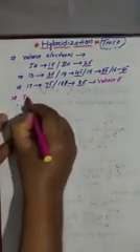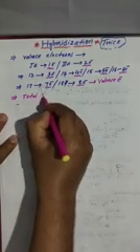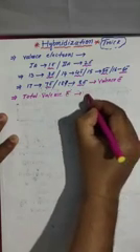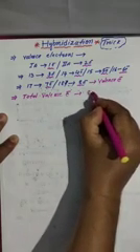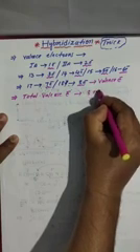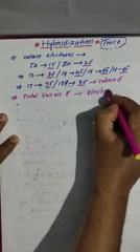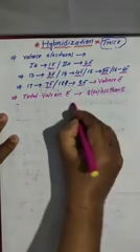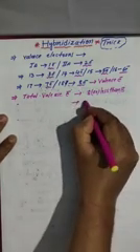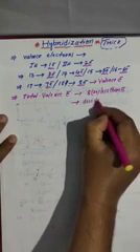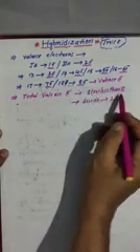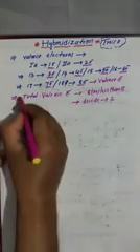If the total valence electrons are 8 or less than 8, then you have to divide by 2.